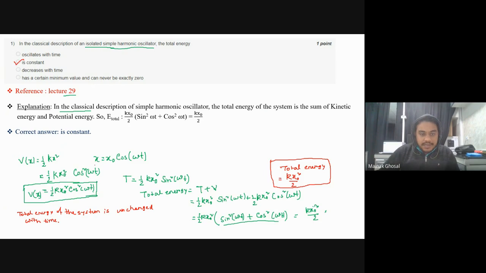So, for the kinetic energy, you know x can be defined as x0 cos omega t. From here you can get V of x as half k x0 squared cos squared omega t. Now, when you are calculating the kinetic energy, you know kinetic energy is half m v squared, and v is nothing but dx dt. If you get this dx dt, you know x is x0 cos omega t.